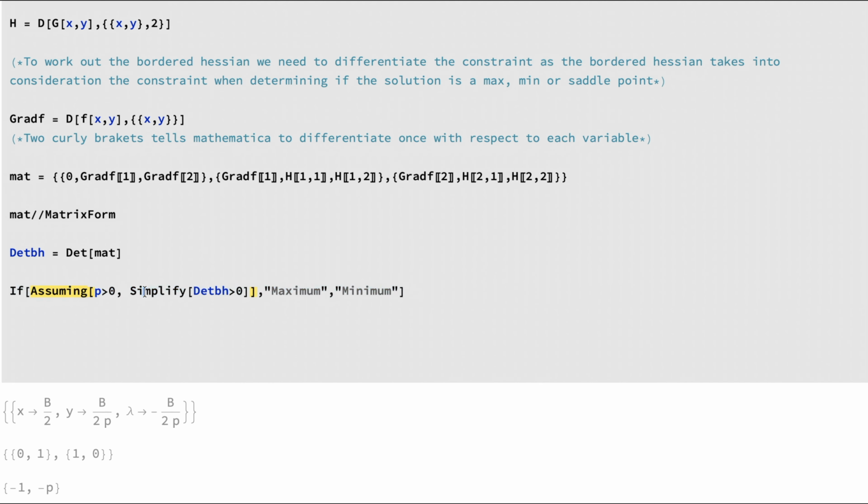What this code is saying is that we assume p is greater than 0, and we simplify the determinant. If the determinant is greater than 0, then our point is a maximum. If it is not, then our point is a minimum, is what this line of code is saying.